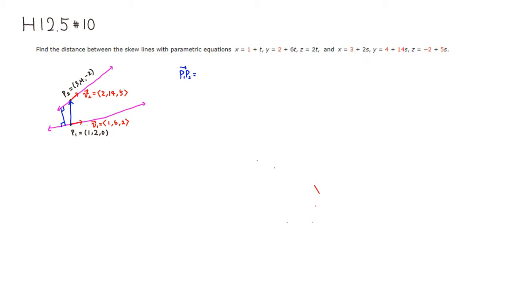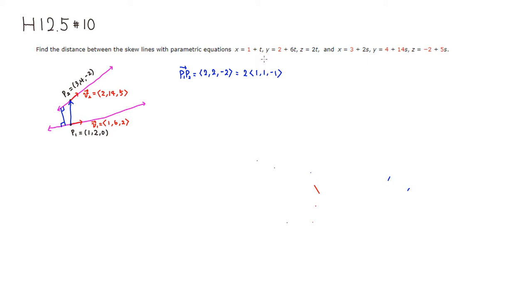So 3 minus 1 is 2, 4 minus 2 is 2, and -2 minus 0 is -2. Since everything is a multiple of 2, you can pull 2 out, so you have (1, 1, -1).